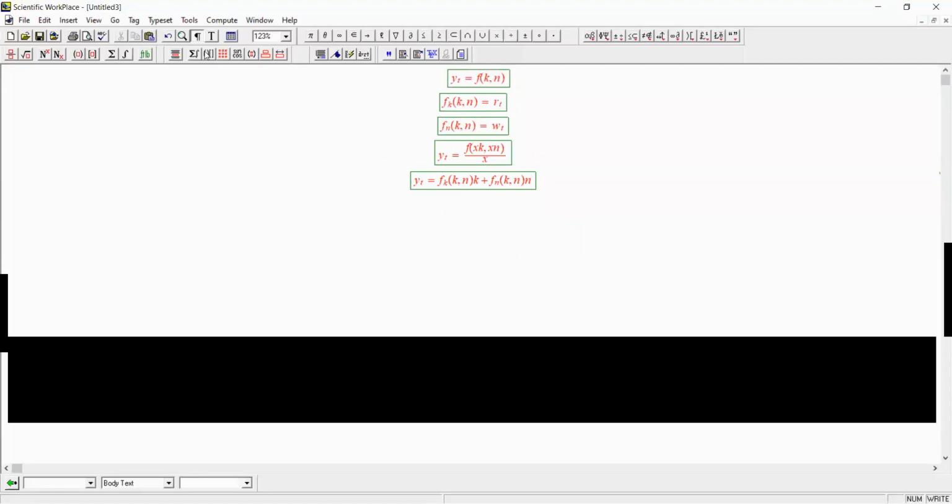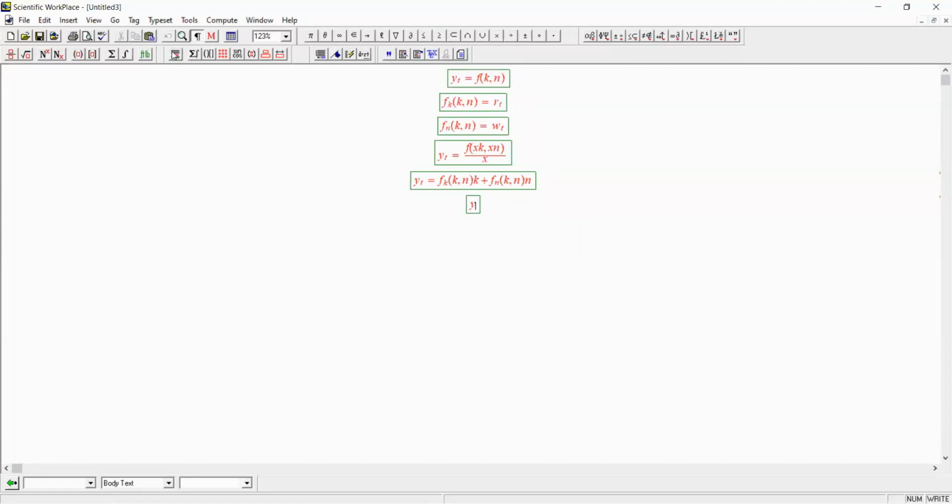Remember that the profits here are YT minus WN minus RK. And this is telling us that R is this. And it's telling us that the wage is that. And of course, that means that the profits are equal to YT minus YT, which is 0.